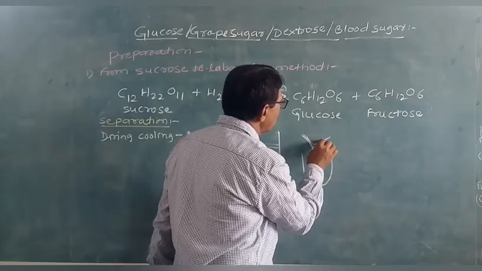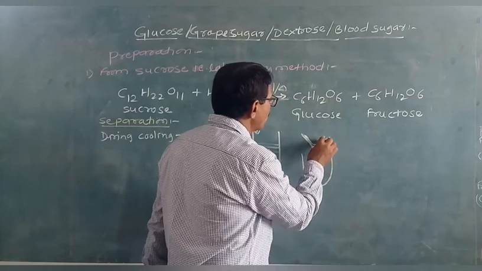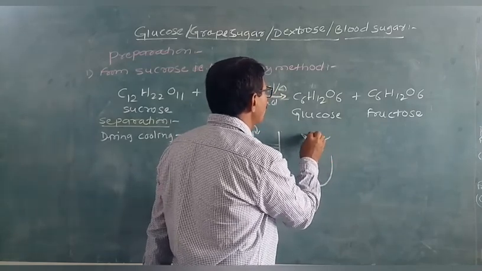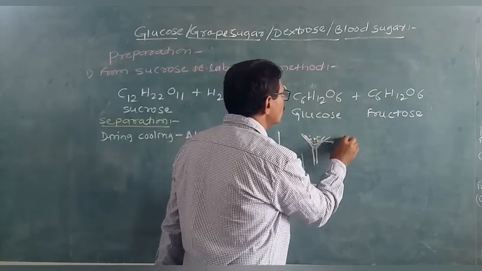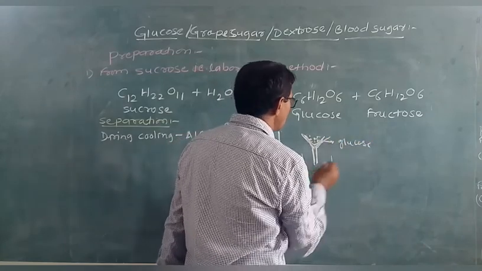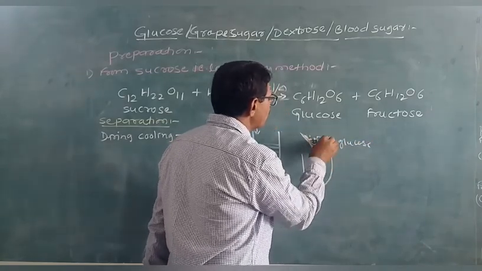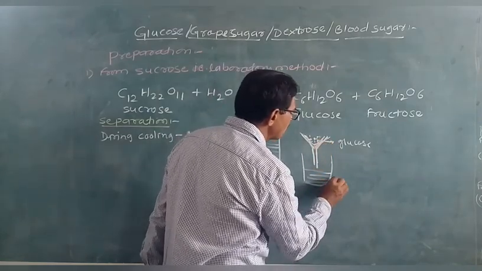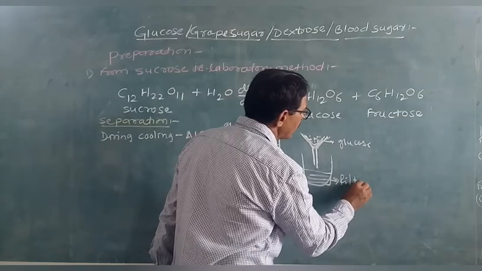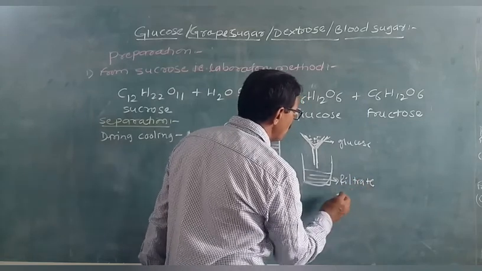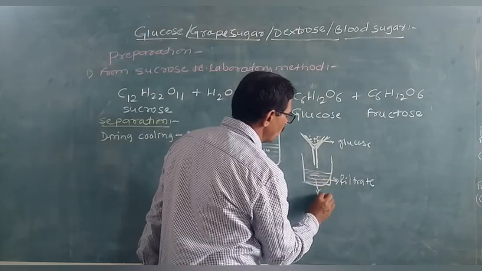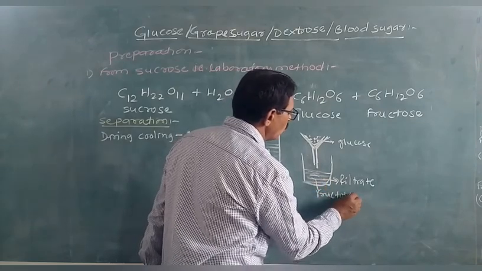And here now, after filtration, we will get the crystals of glucose. After filtration, it is a funnel. Here again the liquid is known as the filtrate. Now this filtrate contains only fructose. Now this solution contains fructose.